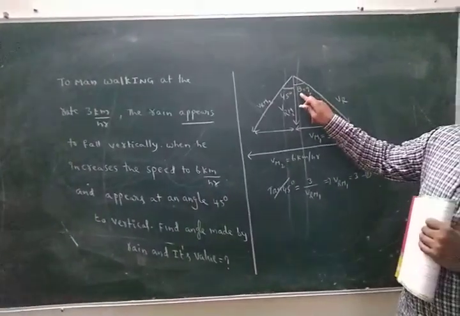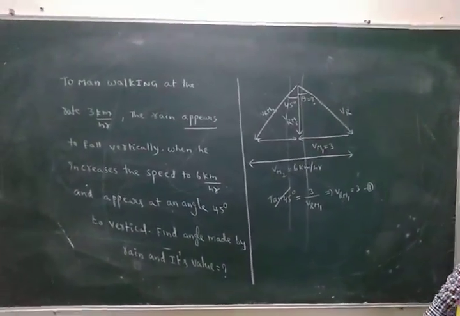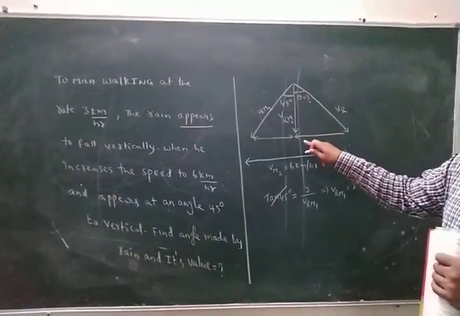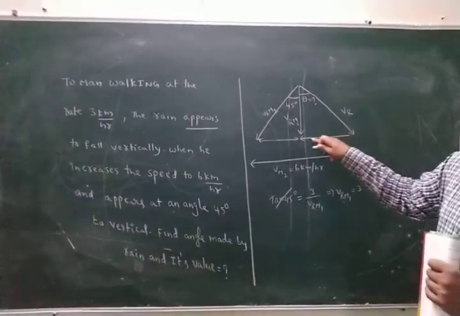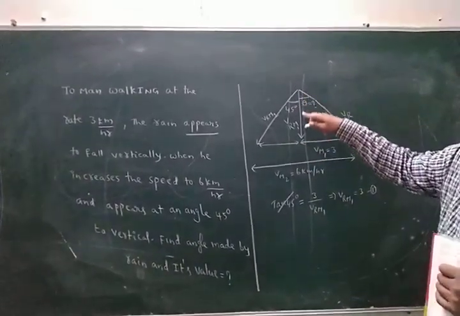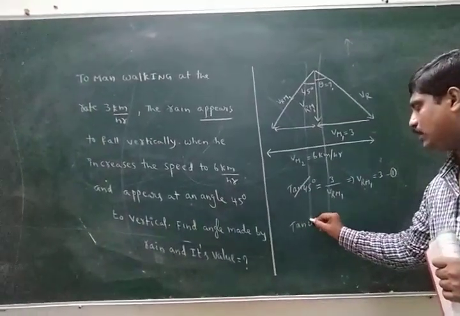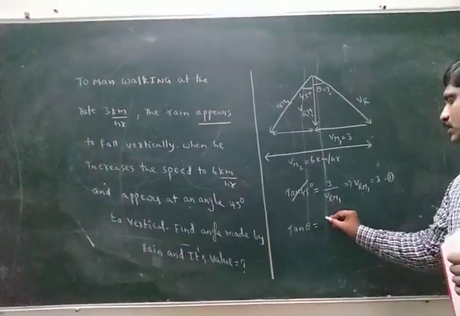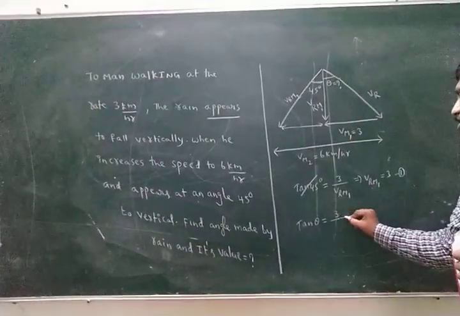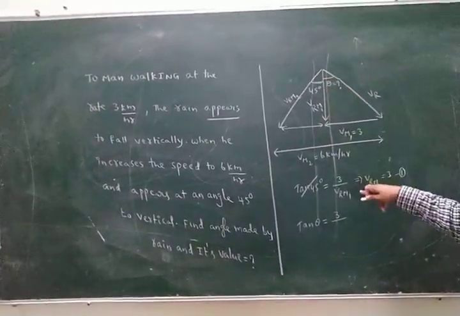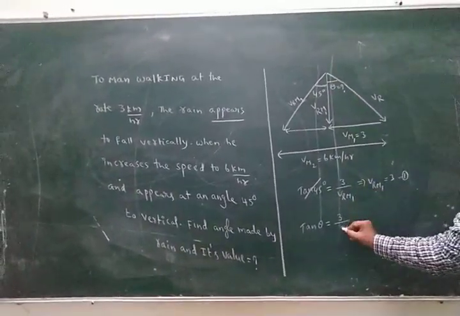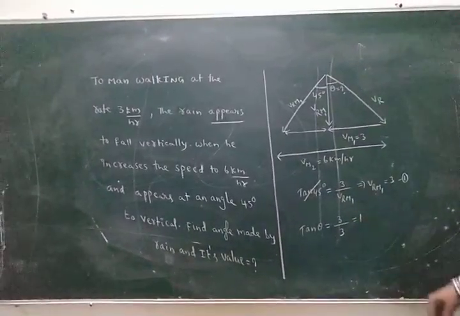Find this angle theta. This is the opposite side, this is the adjacent side. Again I write tan theta. Tan theta: the opposite side is 3, the adjacent side can also be calculated as 3. Simply 3 by 3 is 1.